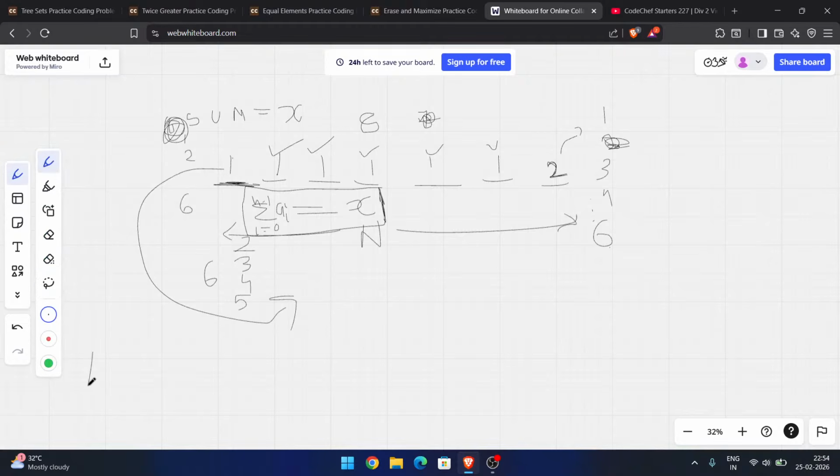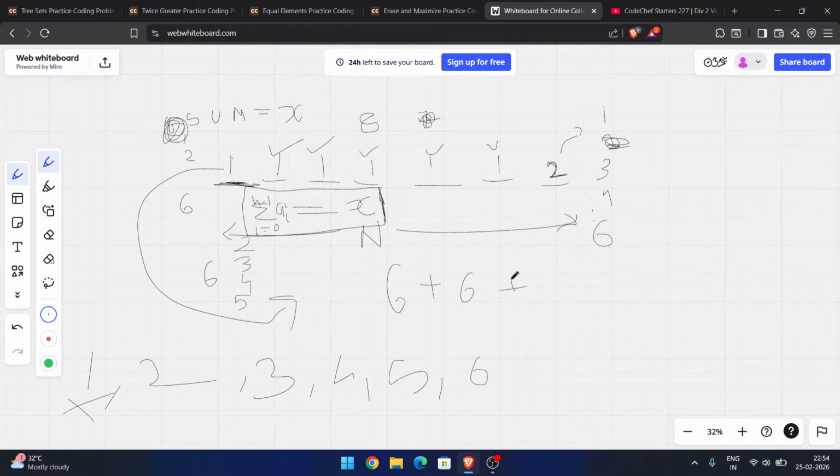If the numbers were 1, 2, 3, 4, 5 and 6, to achieve the sum we have put 5 ones and 1 two. At this position we have put 1, so we can't take this. What would we take? We would take the maximum available, 6. For this also, we would take 6.